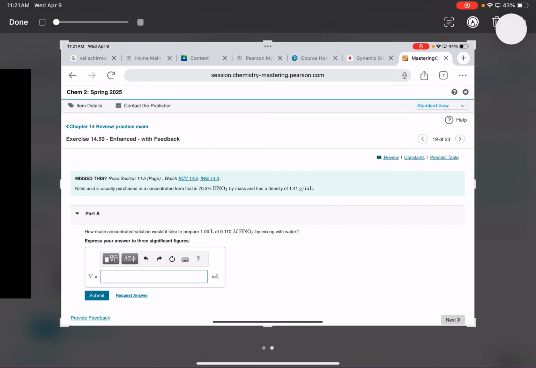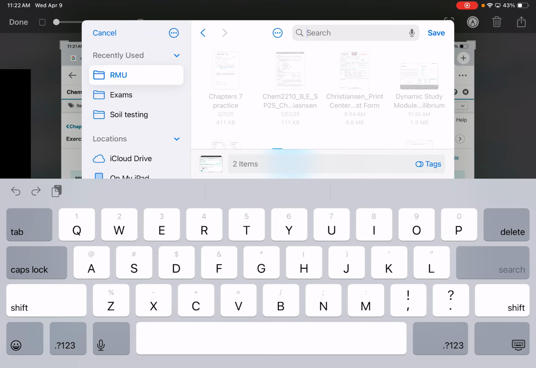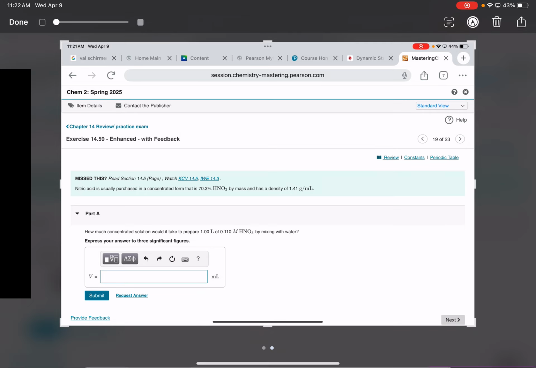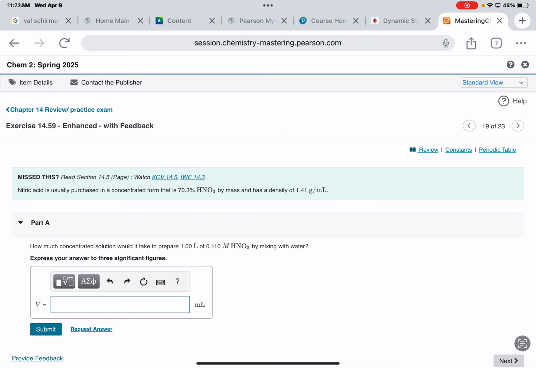One more time. Oh, it says it's saving 2 items. Well, should be in there then. Sorry, it's so tedious sometimes. Okay. So this is a dilution equation, but it's incorporating a percent by mass in addition.